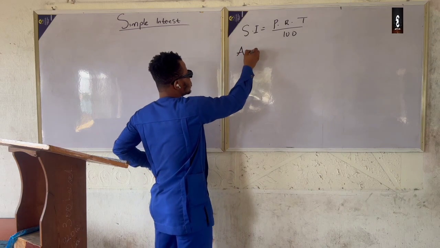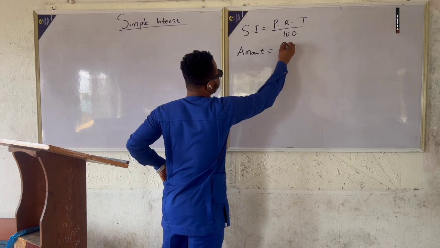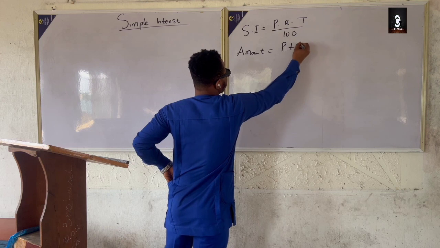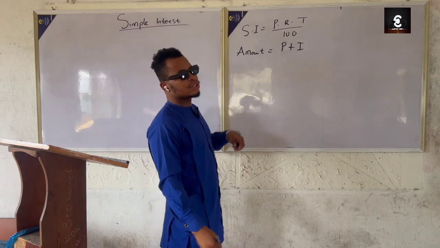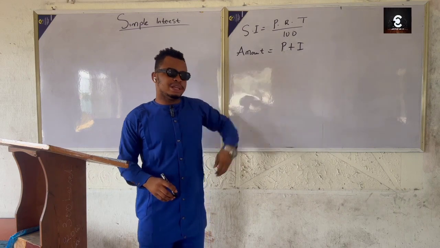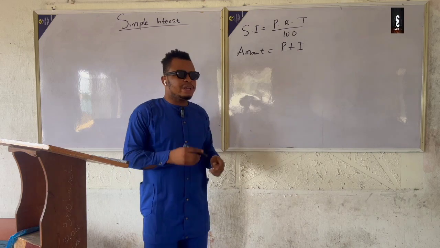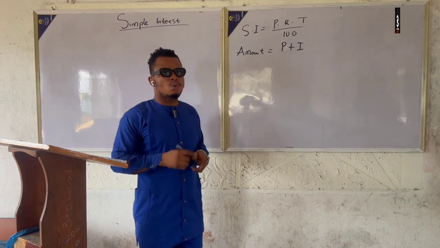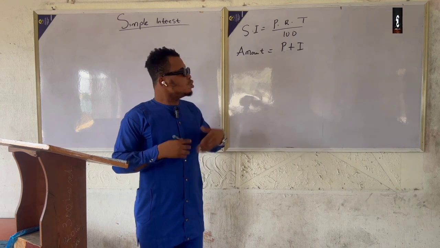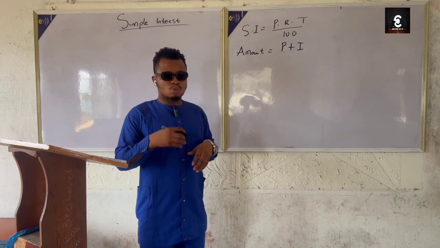To calculate the amount, it is the principal, the amount you borrowed, plus the interest. So if my interest in the first calculation is 200, the amount is the initial amount I borrowed plus the interest. Most times the examiner may give you the interest and ask, what is the rate you borrowed at? Or the examiner may give you the interest and ask, what is the time?